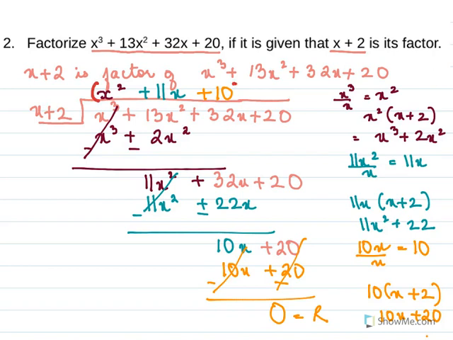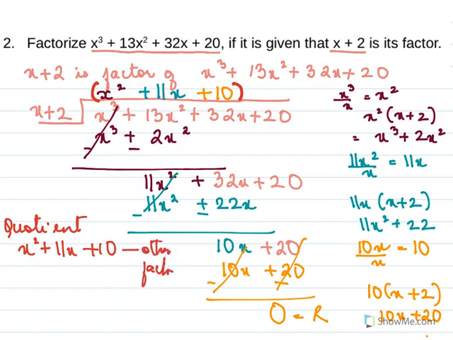The quotient that we have got here is the other factor. So the quotient is x square plus 11x plus 10, and this is the other factor. But this can be further factorized. So we'll now take x square plus 11x plus 10 and factorize it.